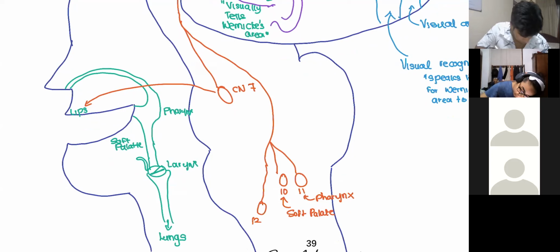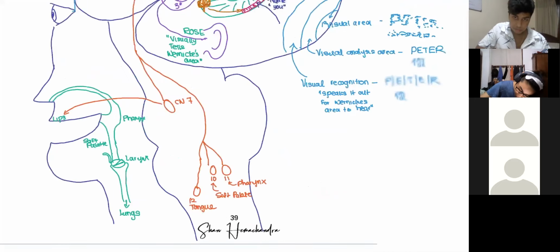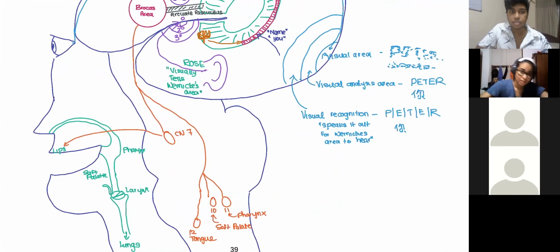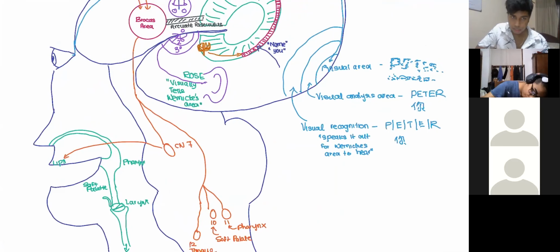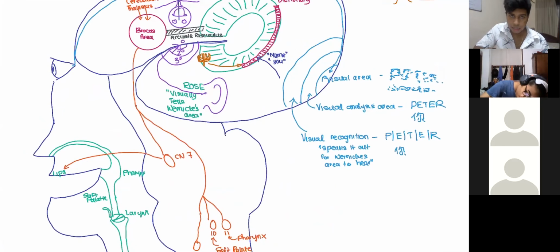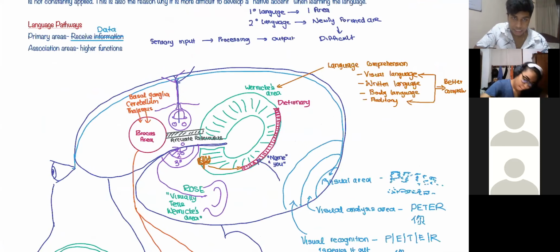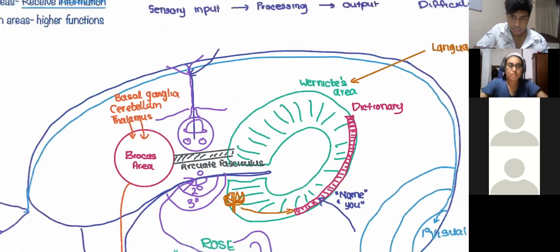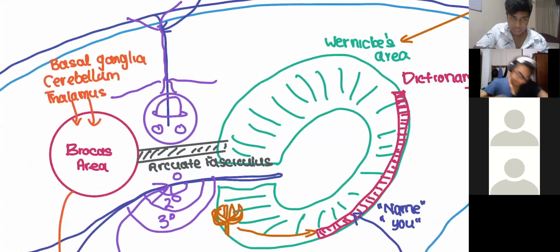This sends it to the tongue, and that causes the mouth to move, producing speech. That is going to coordinate the movement, and there's a very important coordinator, the cerebellum. I told you guys last lecture.